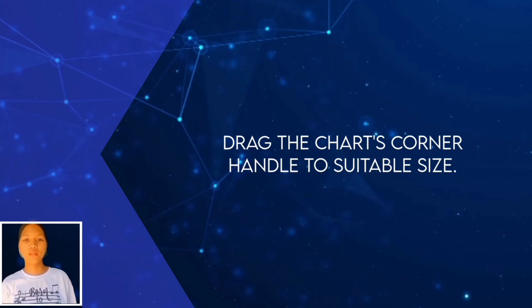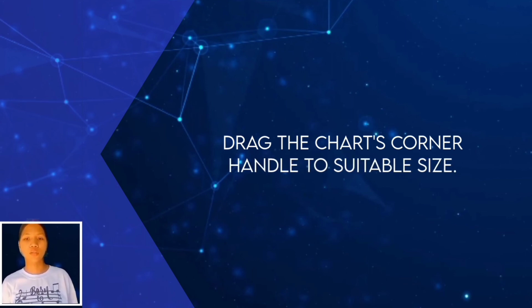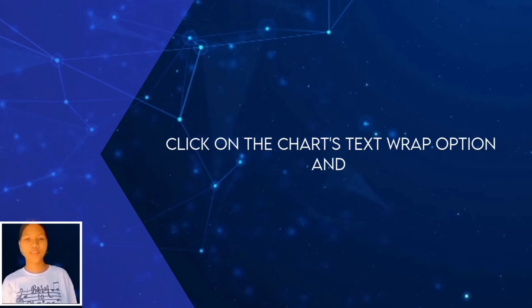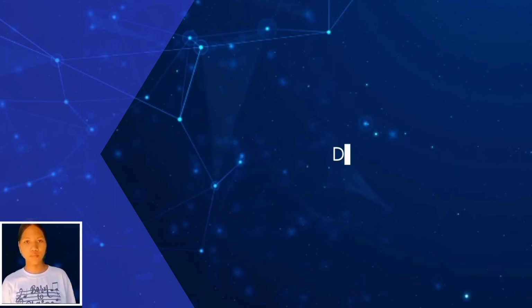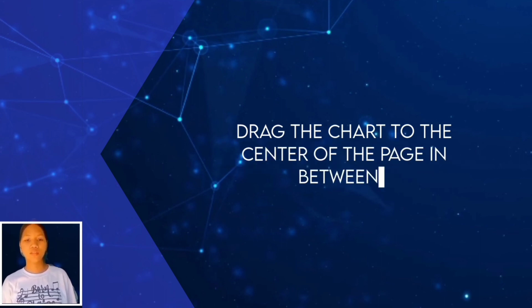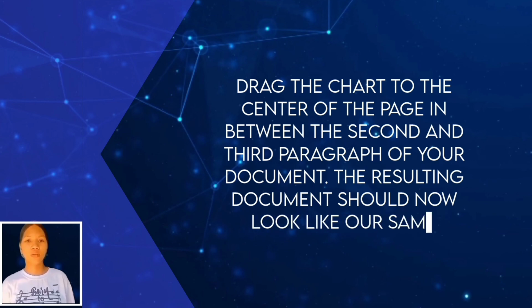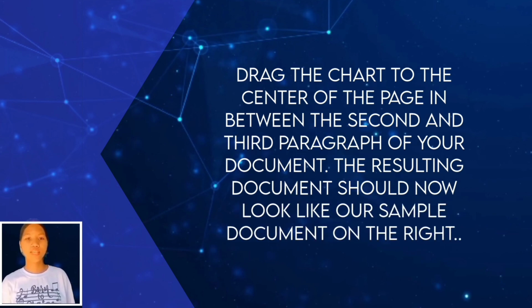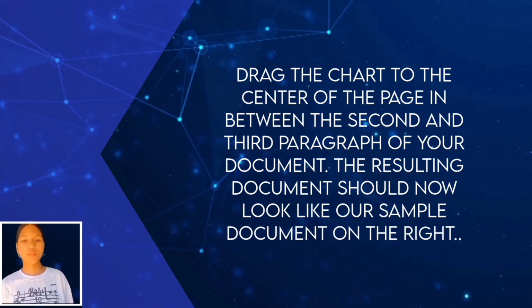Drag the chart corner handle to resize it. 16. Click on the chart text wrap option and select Top and Bottom. 17. Drag the chart to the center of the page in between the second and the third paragraph of your document. The resulting document should now look like our sample document on the right.